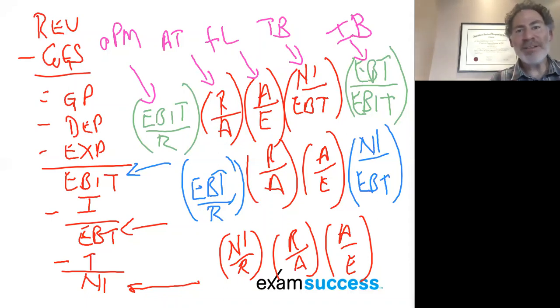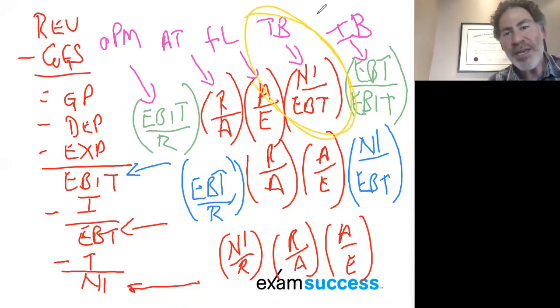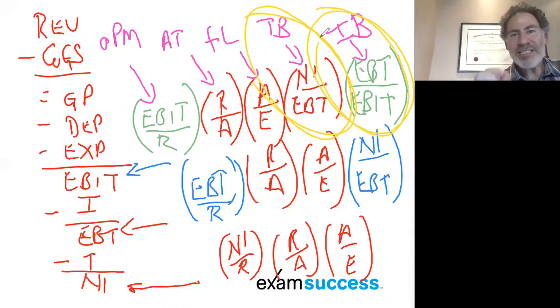One final comment about this is I think you've got to be ready. What type of question do I see coming? I see them asking you a question about the tax burden or the interest burden. And why do I see those as the questions? Because when you look at the change in these numbers, it's actually indicating the opposite effect.